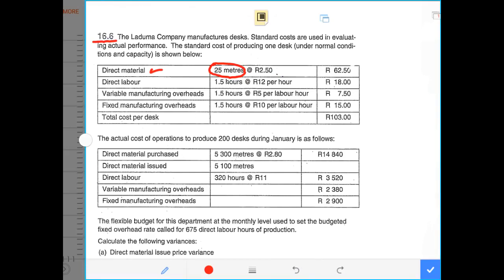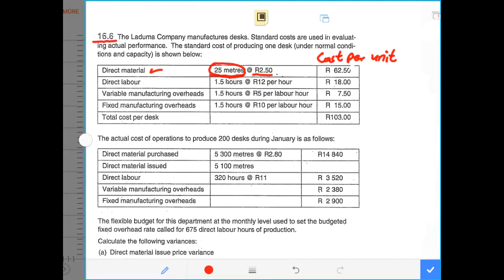Then if we take the standard material meters per unit and multiply that by 2 rand 50 cents per meter, that will give us 62 rand 50 cents, which I may call the cost per unit. That will be the cost of material to complete 1 unit of a desk.